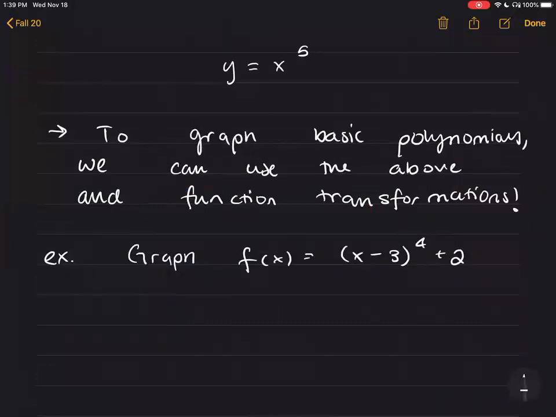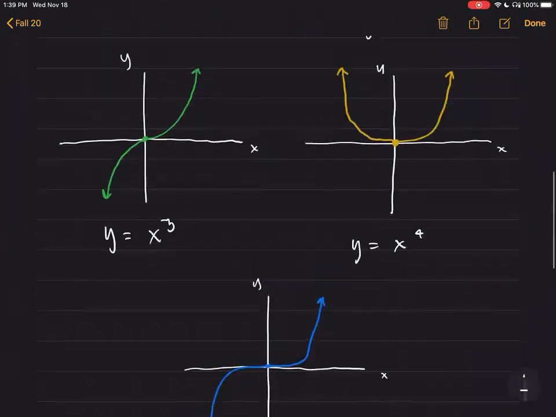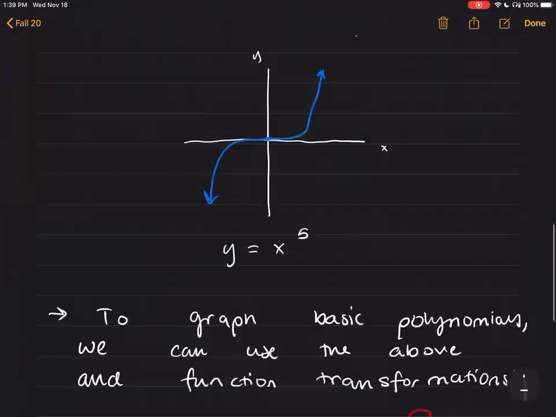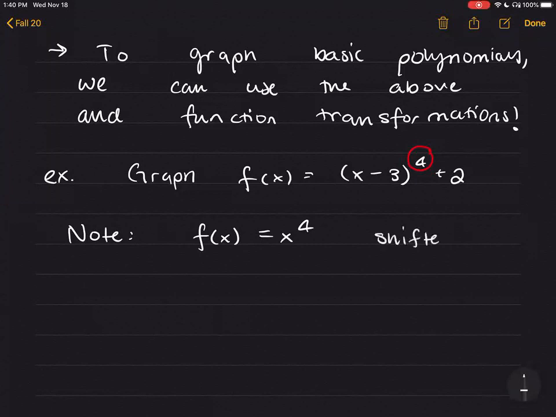And so we can look at the basic graph. We've got a degree 4 here, so we're going to base it off of the yellow graph right here. Note that this is f of x equals x to the fourth, and then we've added a 2 on the outside, so shifted up by 2.